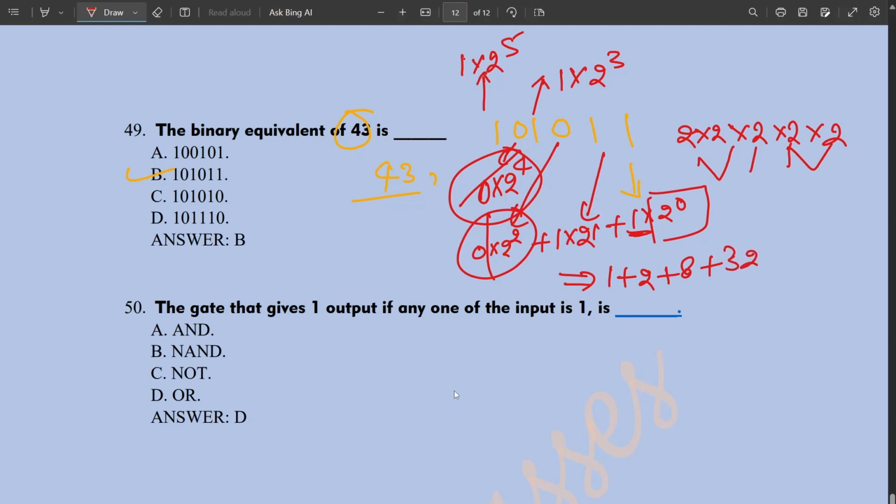Now add 32 plus 8, 40, plus 3 is equal to 43. So option number B is correct.